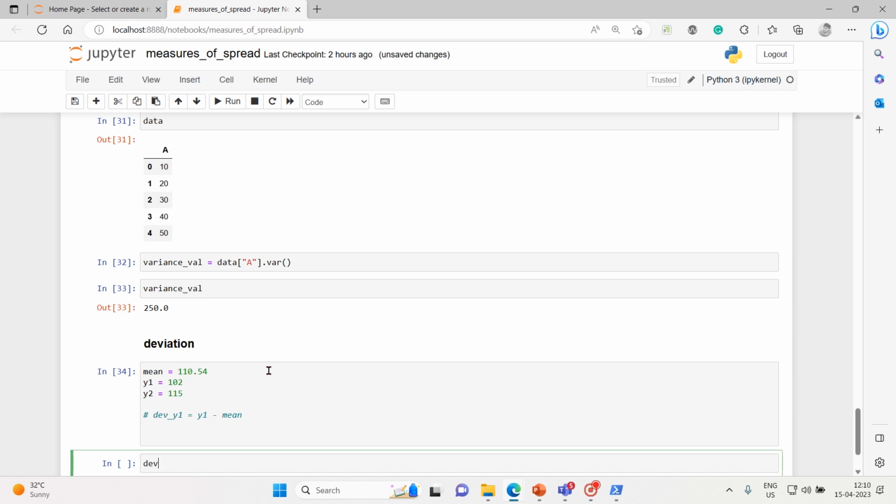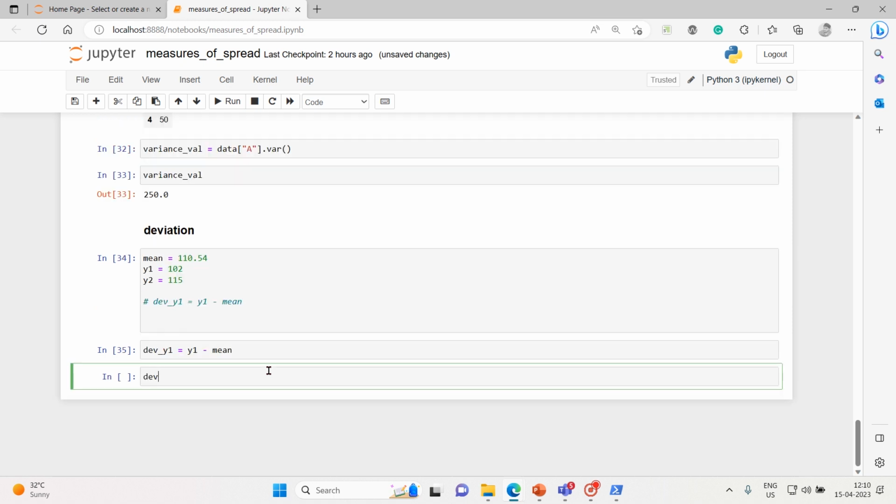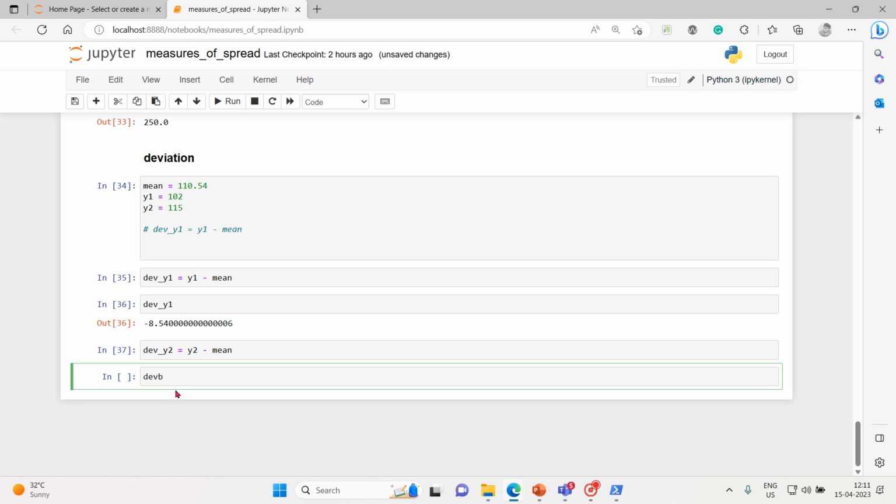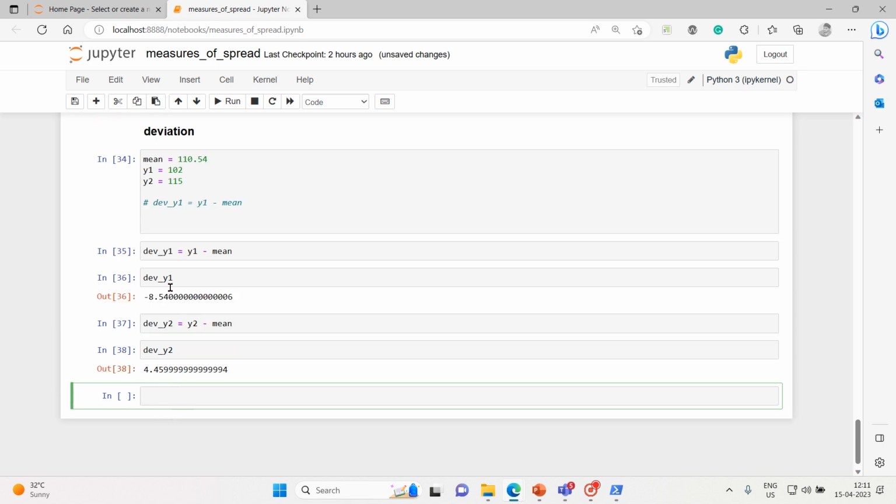So deviation_y1 is equal to y1 minus mean, and deviation_y1 is equal to minus 8.54. Similarly, we'll do it for deviation_y2, that is equal to y2 minus mean, and deviation_y2 is 4.54.